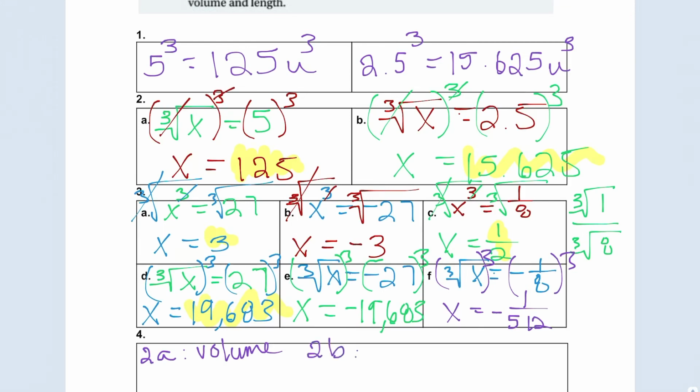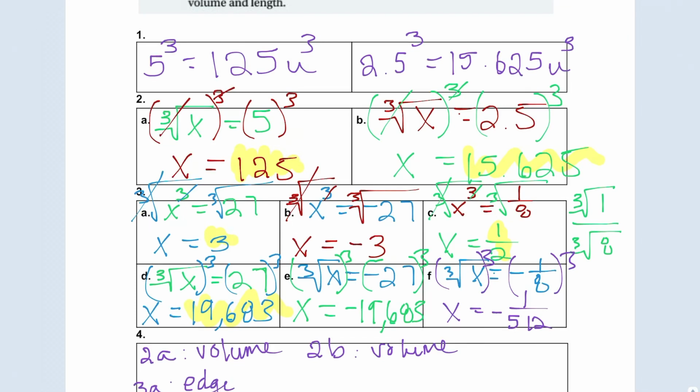For 2b, it was the same, right? We cubed both sides, therefore that's the volume of the cube. For 3a, we took the cube root to solve. So taking the cube root of the volume gives us the edge length. I'm just going to say edge.